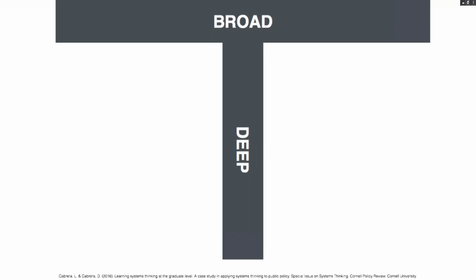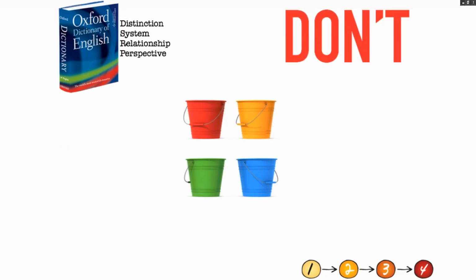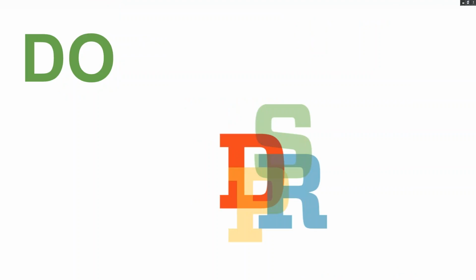And then we can think about applying these in ways that can lead to deeper understanding of things. So it's not just about the stepwise process of D, S, R, and P, and it's not about putting them in 4 different buckets, but it's about doing all of these things together and beginning to apply them and getting better and better at how we understand things and how we build knowledge by intervening in that process of thinking.